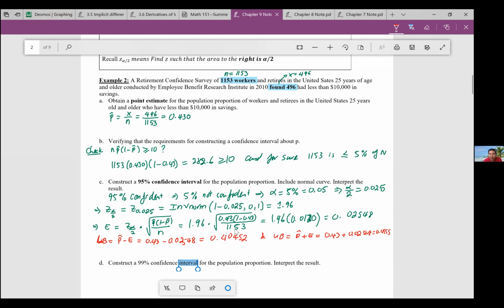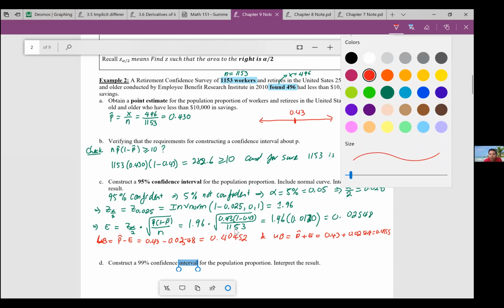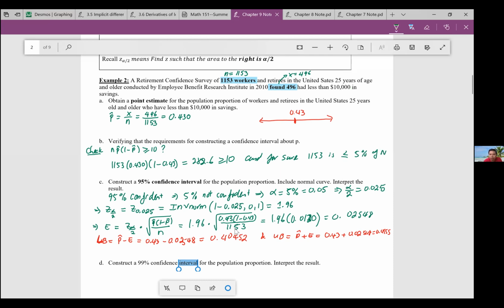So what that means is, here's the proportion, we're looking at 0.43. But due to the uncertainty, we would be okay if we found it to be 0.405, or we can go up to 0.4555.